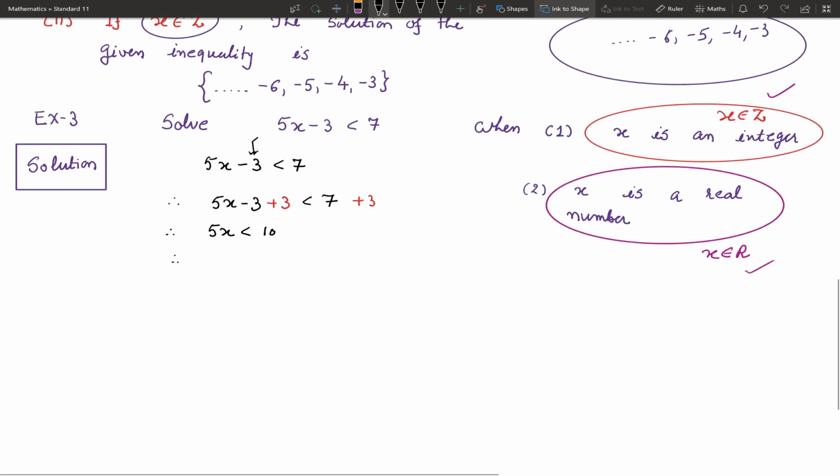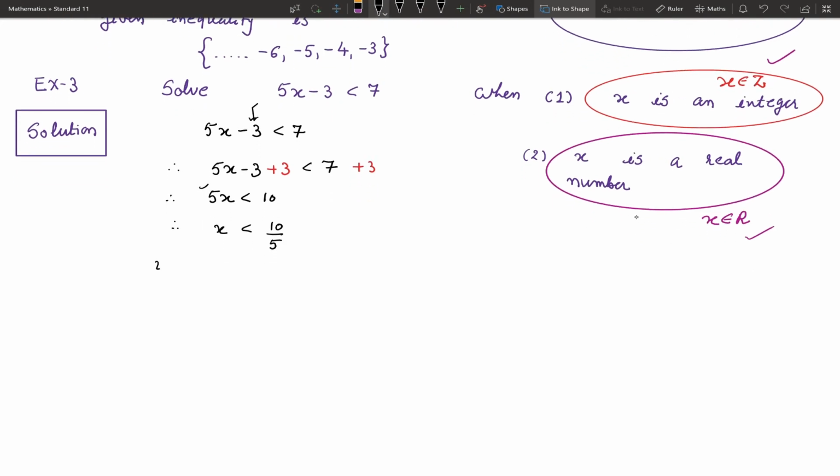Now divide throughout by 5. So x less than 10 by 5, that is, x less than 2.